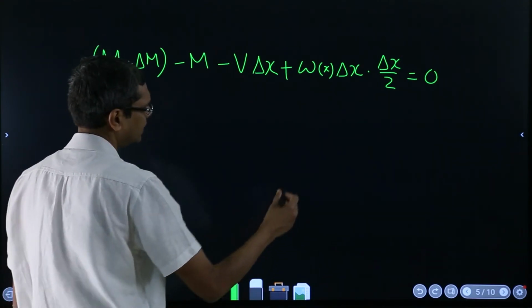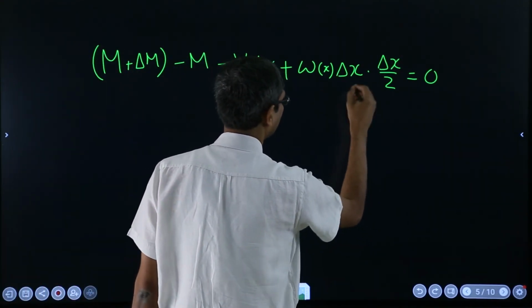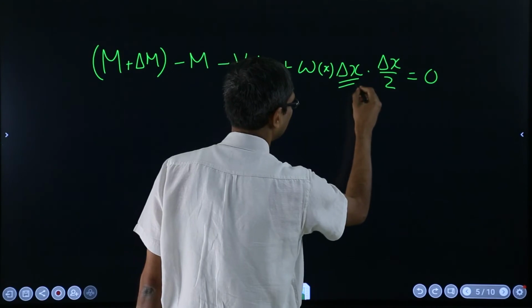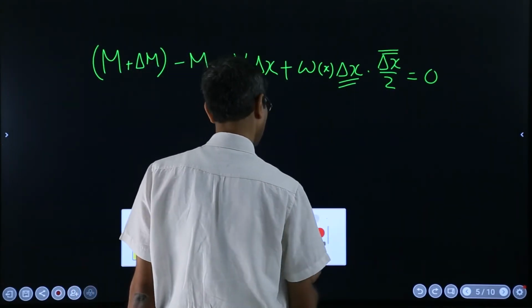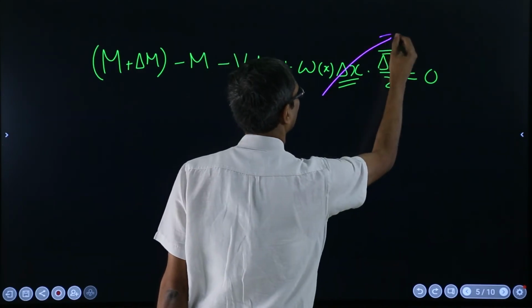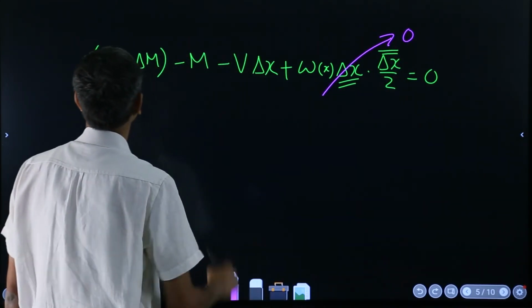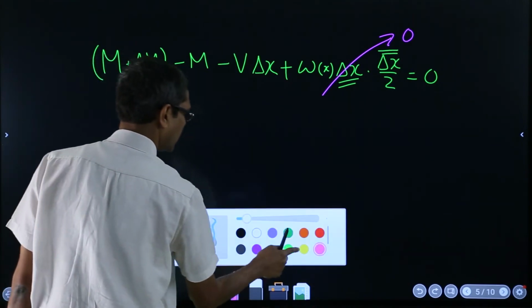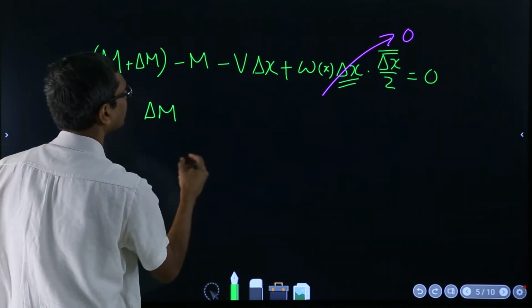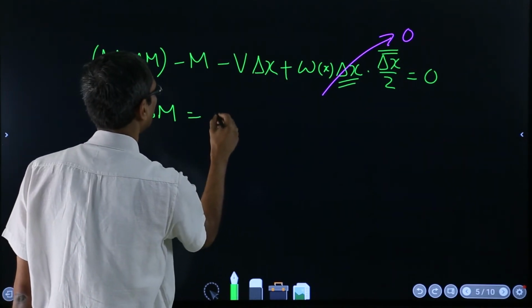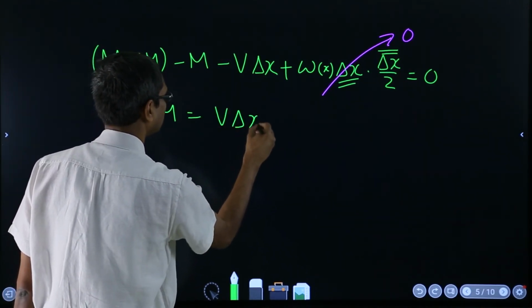See, this is a second order term, because delta x and delta x both are small, so we can simply take it to 0, and here M gets cancelled. So what we are left with is delta M equal to V delta x.